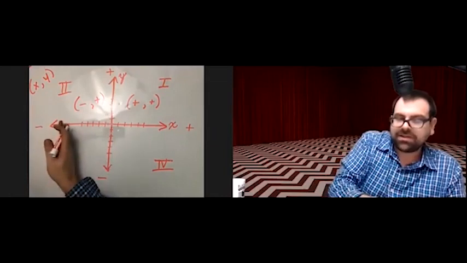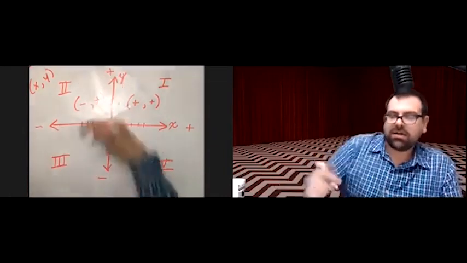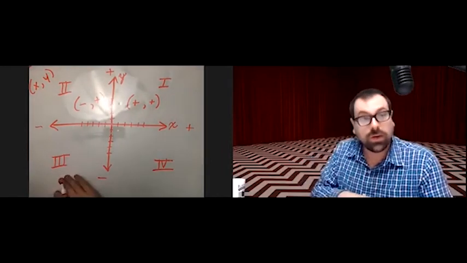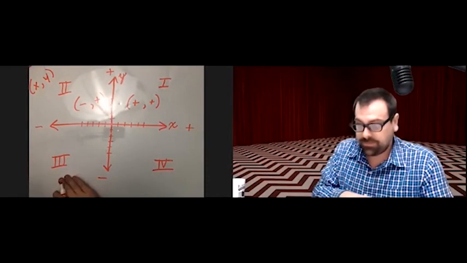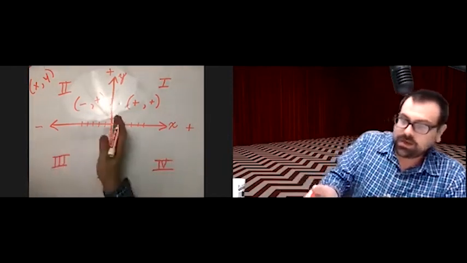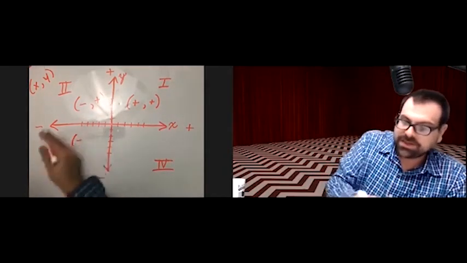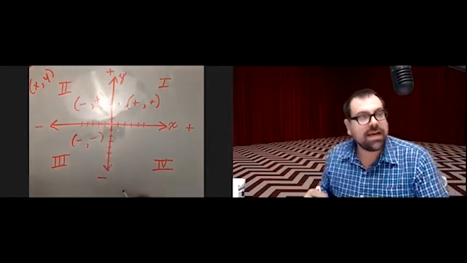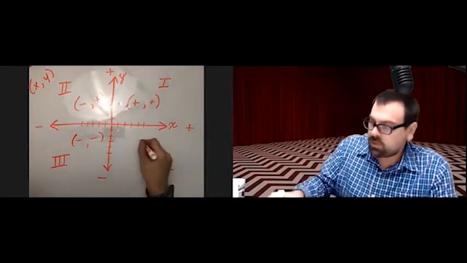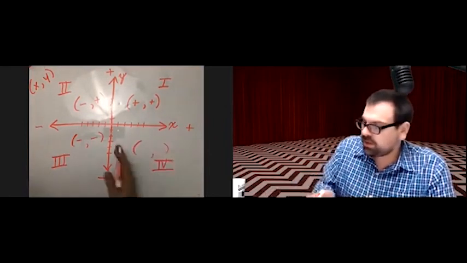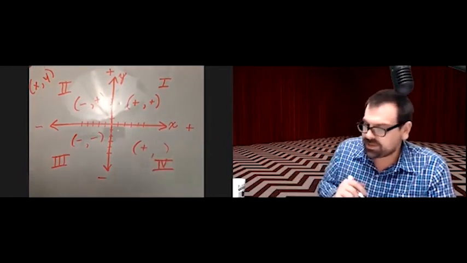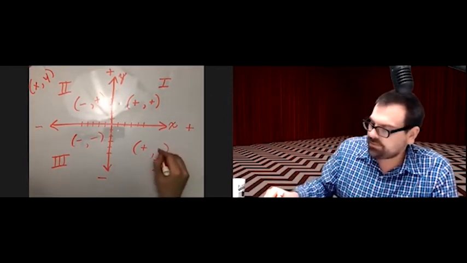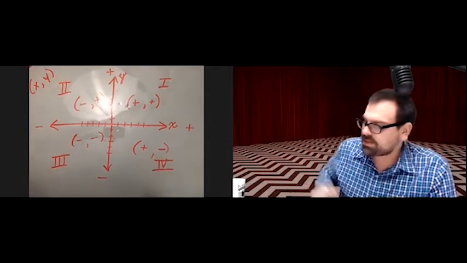It's going to be to the left, but the y is positive. It's going to be up. Quadrant 3, the x will be negative because it's to the left. The y will be negative because it's down. Quadrant 4, the x will be positive because it's to the right. The y will be negative because it is down.